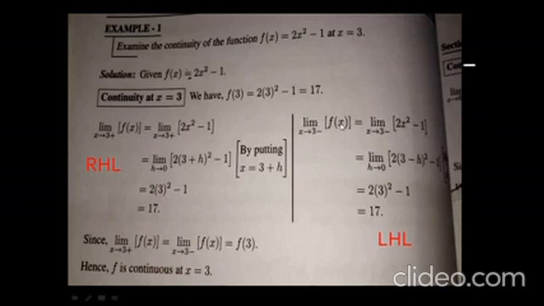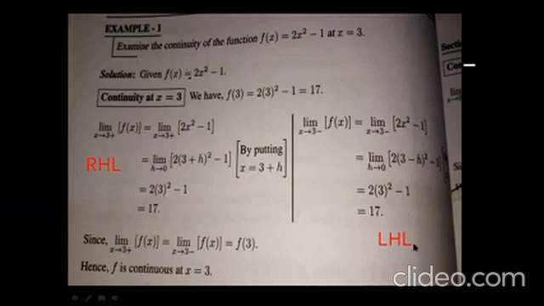Put the value of the function, 2x² − 1, so we write limit x tends to 3 minus of 2x² − 1. 3 minus means it approaches from the left, so we replace x by 3 − h. Then we get limit h tends to 0 of 2(3 − h)² − 1, and after simplifying we get 17.